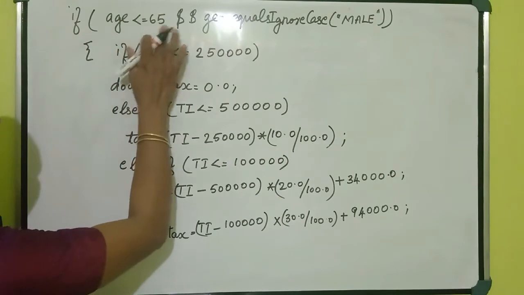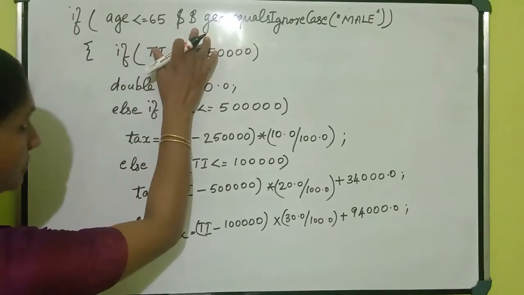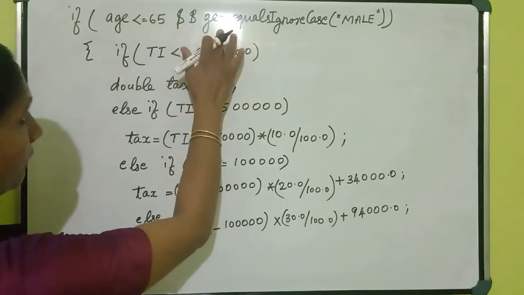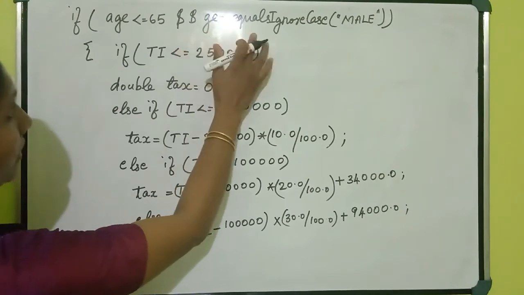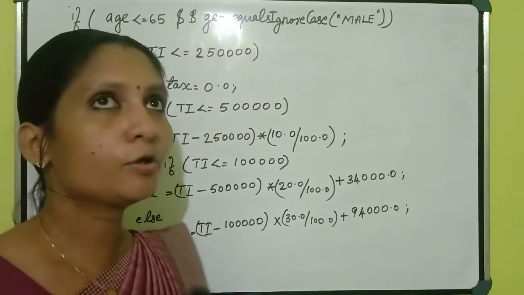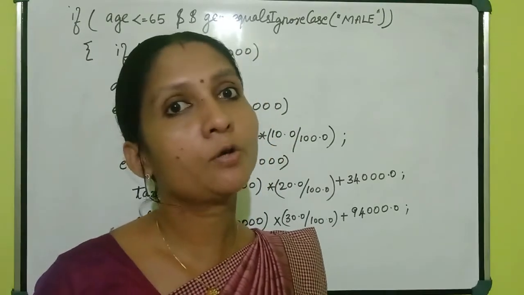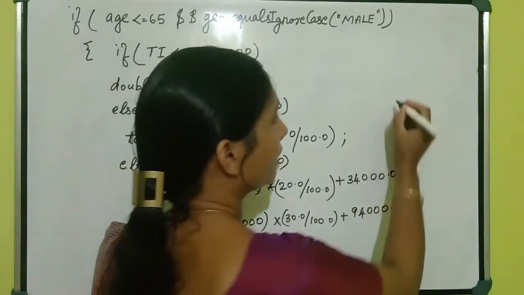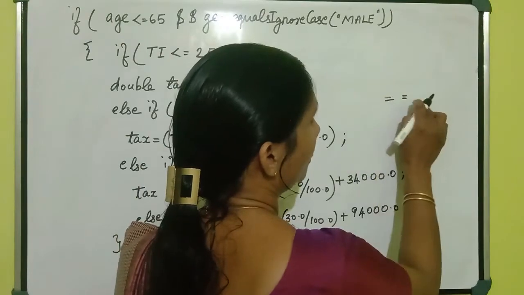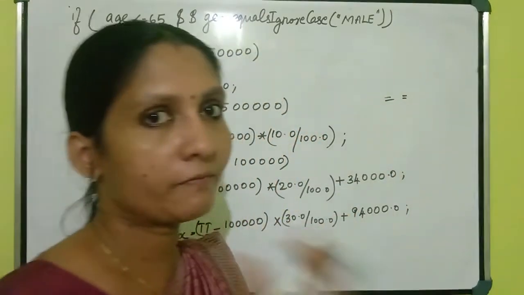If age less than or equal to 65 and we had given the gender as GEN. When you check a string variable with another variable, how can you check? Usually we use this operator if you want to compare one variable with another variable.